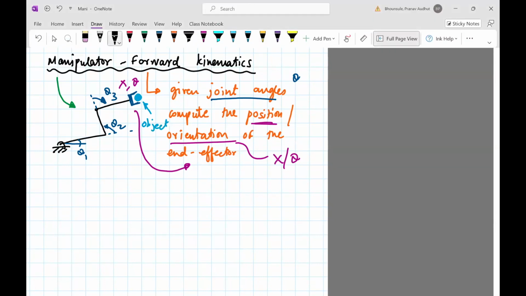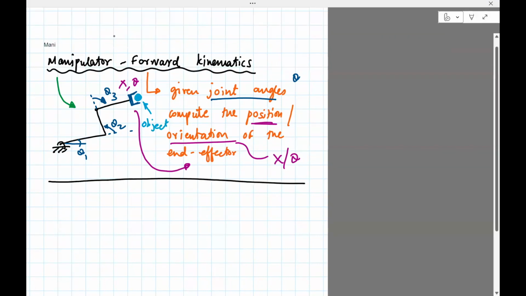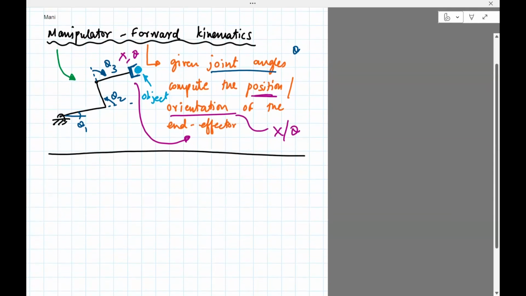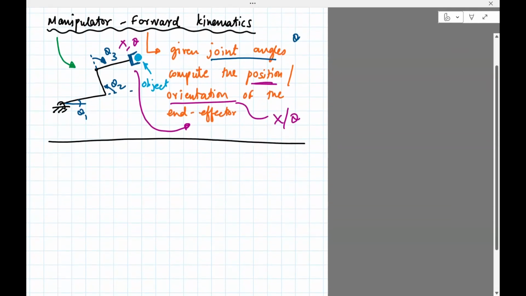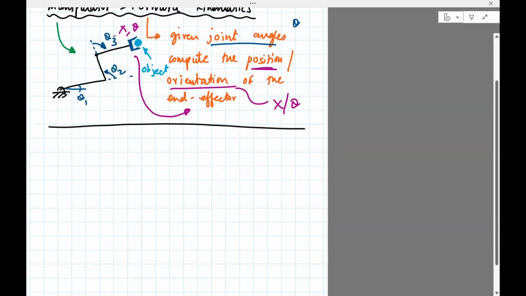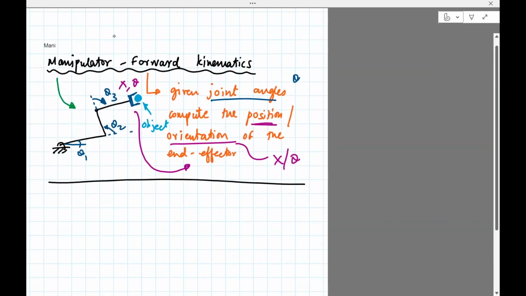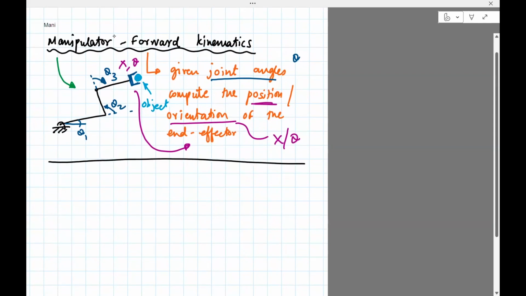So very useful thing, right? If you know this, then you can do great things with a manipulator. So what we'll do is we'll get started with a simple 2 degree of freedom manipulator. We'll derive the forward kinematics, which is the end effector position, and in this case only position, given the joint angles.